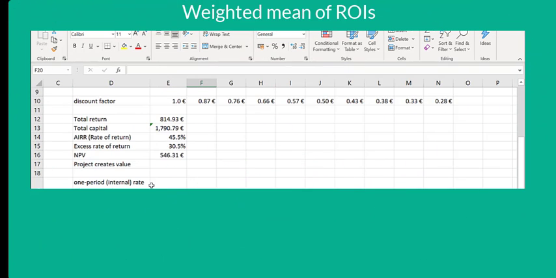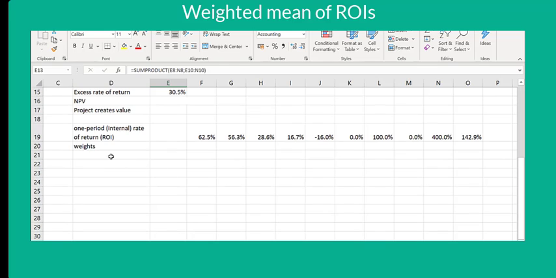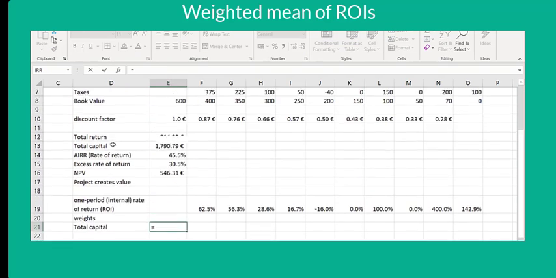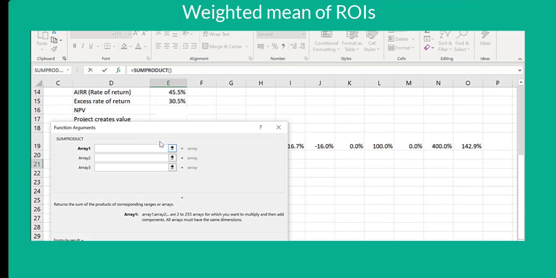Now in the first period, note that 600 euros are invested at the beginning of the first period, and also note that the total capital invested is 1,790.75. Let us recalculate the total capital. The total capital can be found using the sum product function.